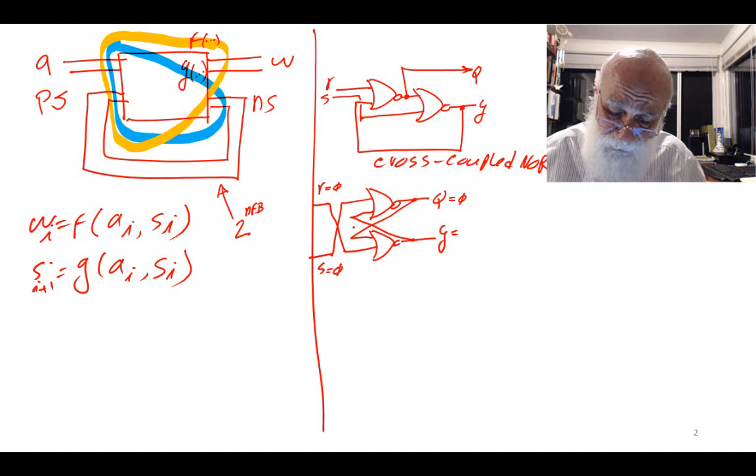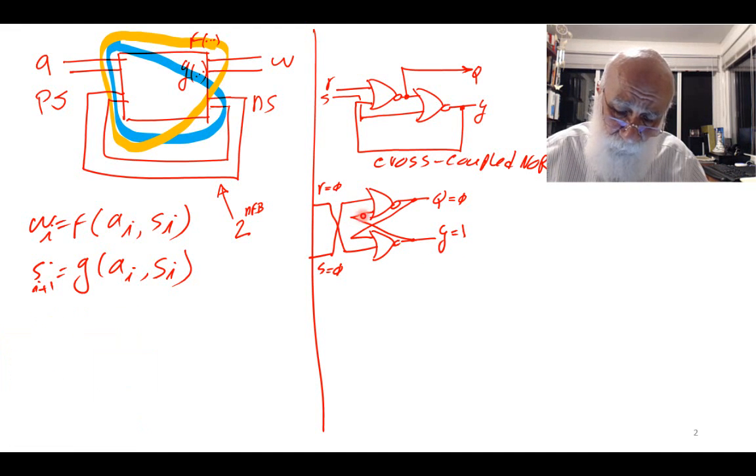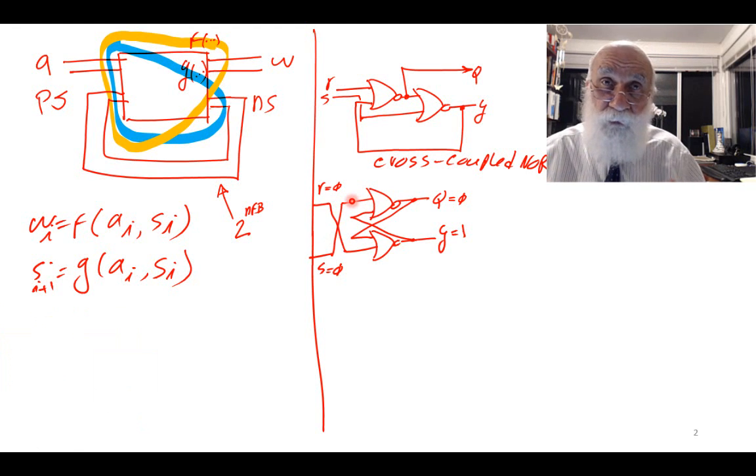Let's look at the NOR gate at the bottom. I have a 0, I have a 0, and therefore the NOR of them is 1. Let's look at the NOR gate at the top. I have a 1 on the lower input of it, I have a 0 on the upper input of it, and the output is 0. Once the output is 0, I take that 0 back to this gate.